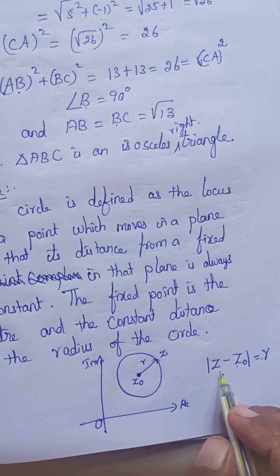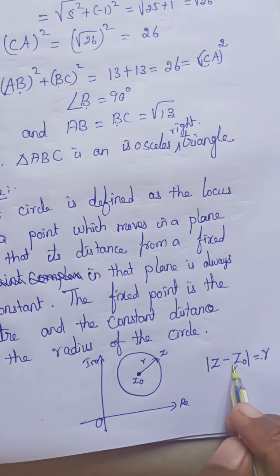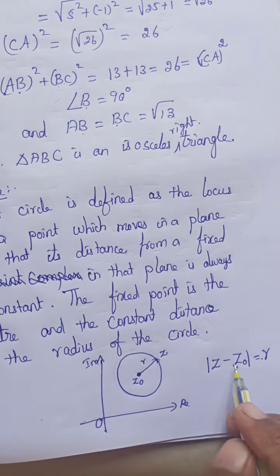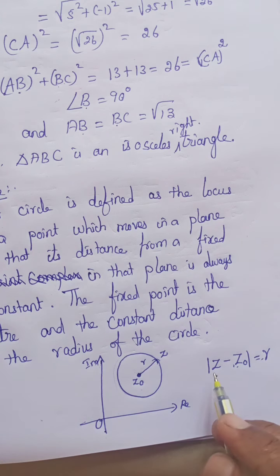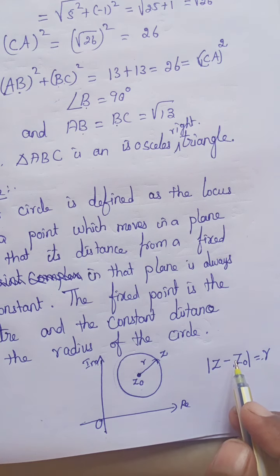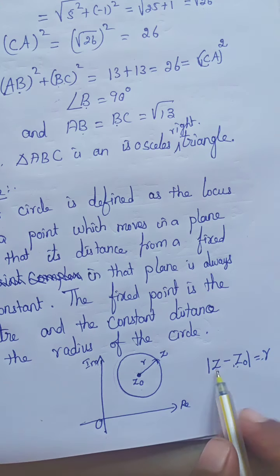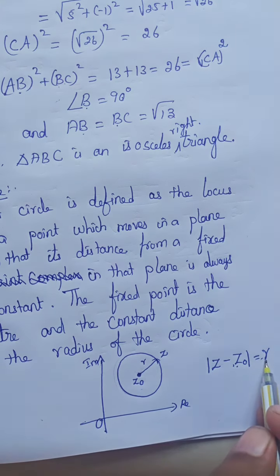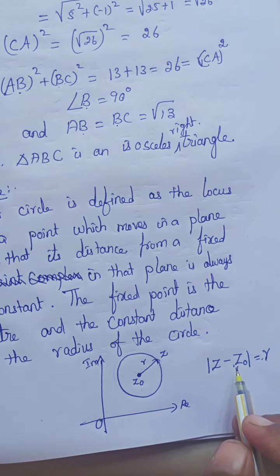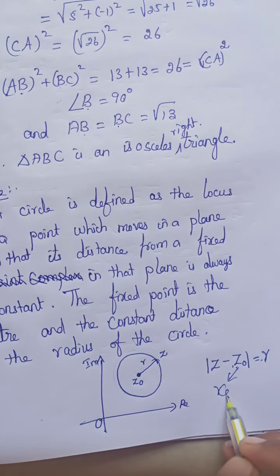The locus of Z that satisfies modulus Z minus Z0 equal to R, where Z0 is the fixed point, that is the center, and R is the radius. When a complex number equation is given and they ask to show that it is the equation of a circle, if we can bring it to the form modulus Z minus Z0 equal to R, we say that it forms a circle, and Z0 is the center and R is the radius.